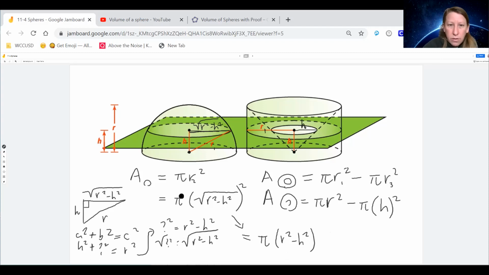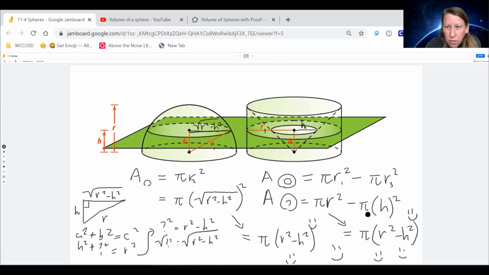Okay, so we're getting closer. The area of this slice is this. And what's going to happen here? Do you guys see it yet? What do these both have in them? They both have pi. So we've been practicing this a little bit. We're going to factor out the pi out of both terms, and guess what? They match.